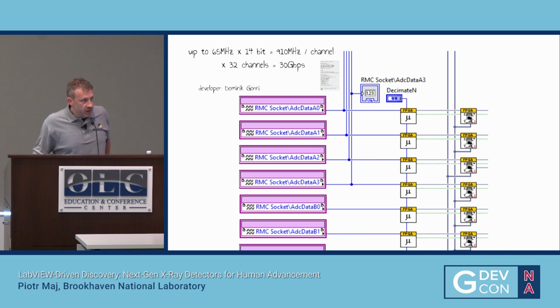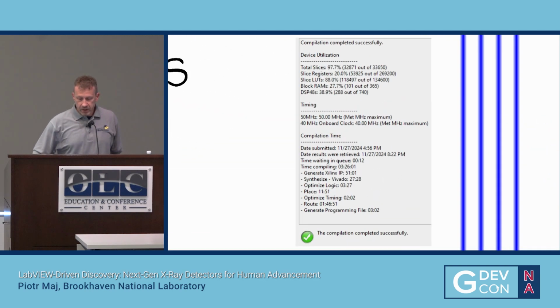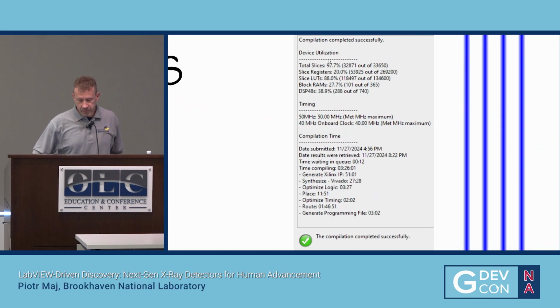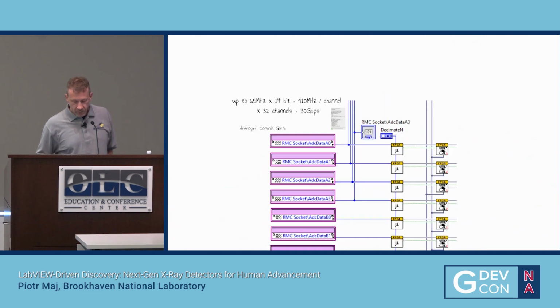It means the SBRIO IO pins are sampled at 910 megahertz per channel. That gives a 30 gigabits per second data stream that we use in the single board RIO. And I'm not counting those 4 clocks that we need to use. It then goes to the whole digital signal processing stream, essentially utilizing almost 98% of the FPGA code and almost 90% of lookup tables.